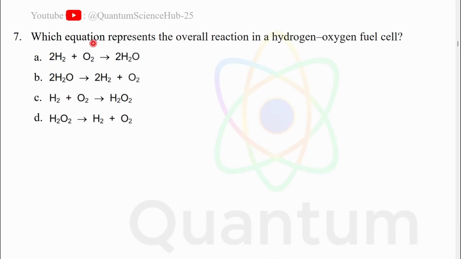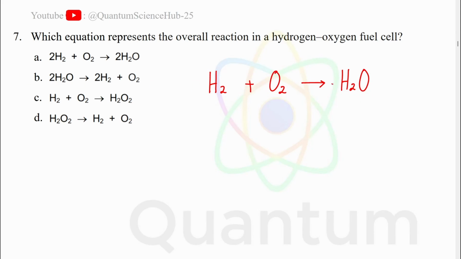Question 7. Which equation represents the overall reaction in a hydrogen-oxygen fuel cell? Okay, this is very easy. Hydrogen is H2 and oxygen is O2. So the only product for a hydrogen-oxygen fuel cell is water. Now balance this equation. So we have O2 in here, but the O is still 1 in here.